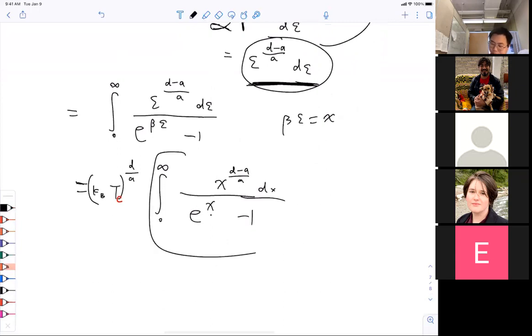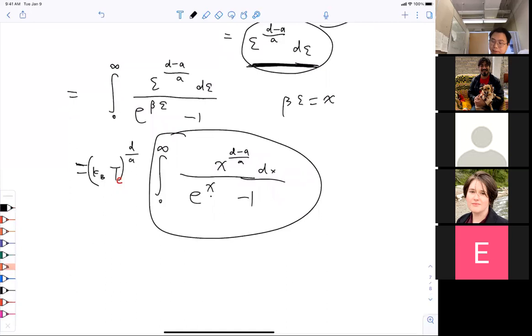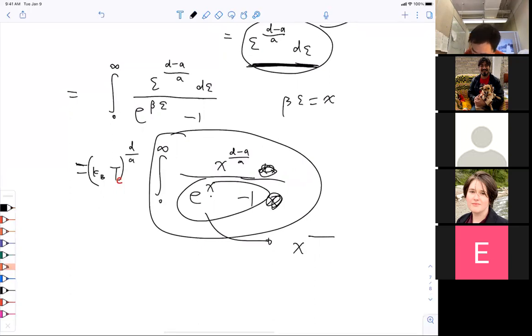Now we want this integral to be convergent to make sure there's a BEC. At large x there's no divergence, because the exponential decay will suppress the integral, so it always converges at large x. We only need to care about the small x region. At small x, the x in the denominator cancels with this dx, so we are left with x to the D over A minus 1.